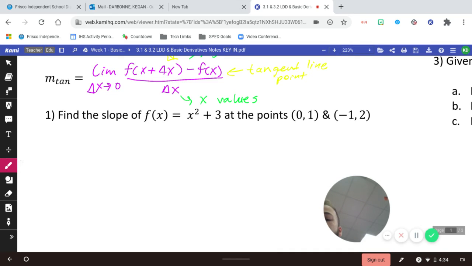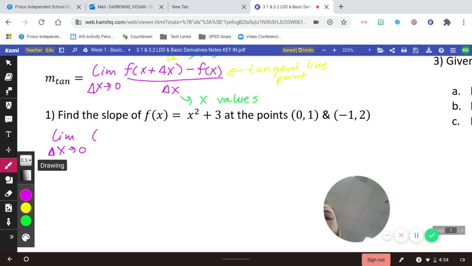So I would say the limit as delta x approaches 0 of (0 plus delta x) squared plus 3 minus (0 squared plus 3), all over delta x.